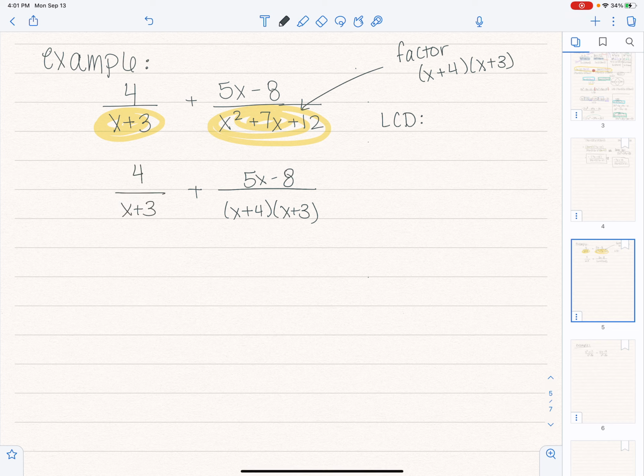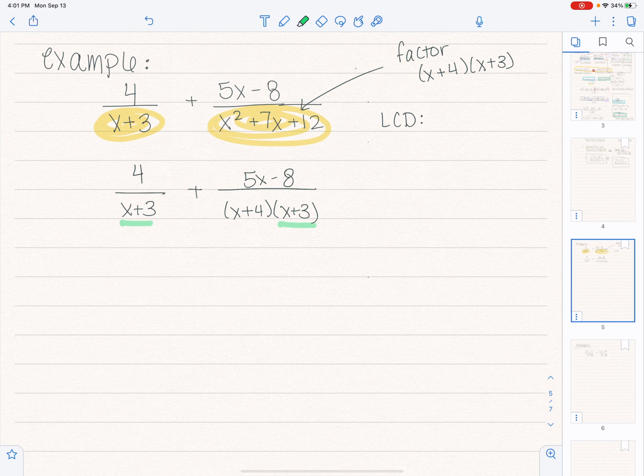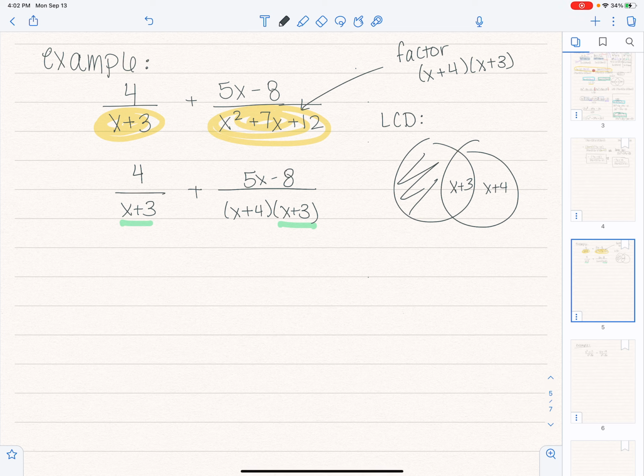All right, from there, I'm now looking for the LCD. Once I've got all the denominators factored, if they do factor, I'm looking for what the denominators have in common. Right now, they both have an x plus 3 in common, so I know that's going to go in my LCD. The denominator on the left doesn't have anything else, but the denominator on the right has the x plus 4.